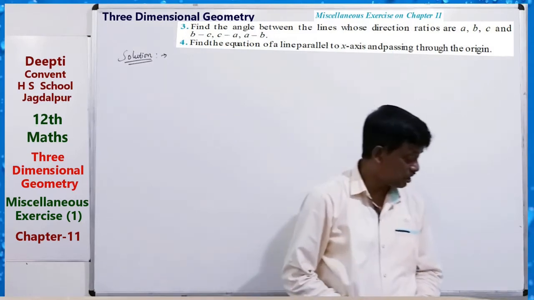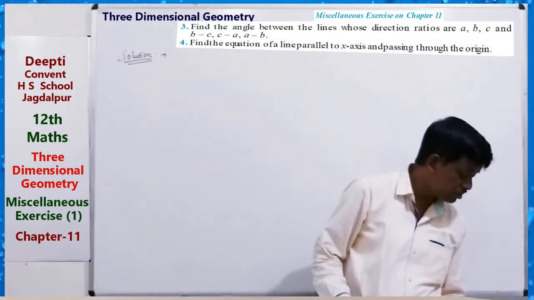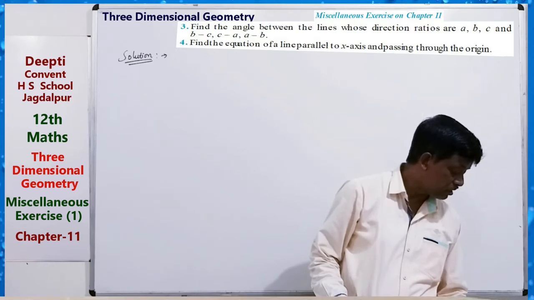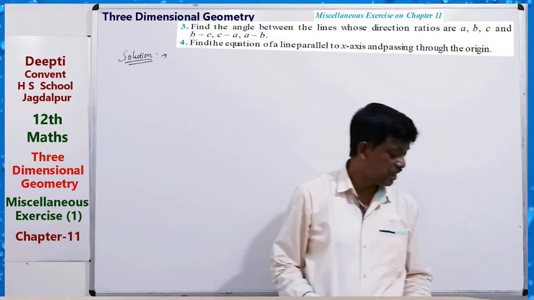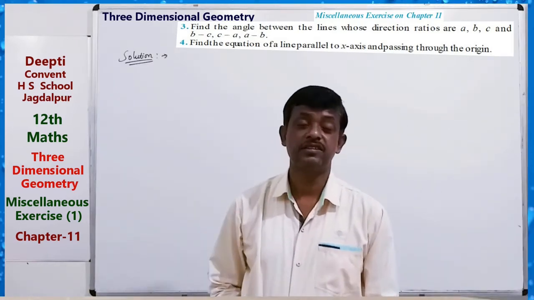The third question: find the angle between the lines whose direction ratios are given.